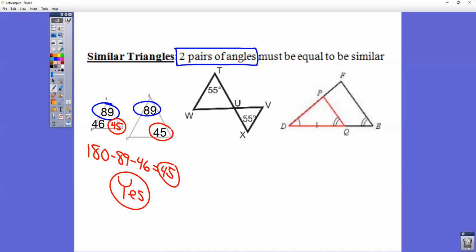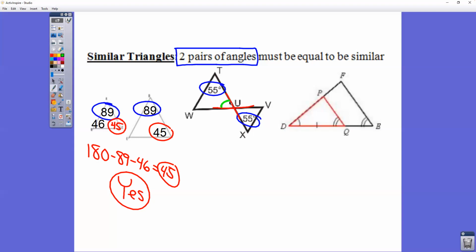In the middle one, we have our first angles. We have our 55 and our 55. That's 1 pair of angles. Now, when you take a look at the other 2, you can't figure out the measures of the angles, but notice what we have in the middle here. Notice that we have an X. We have vertical angles.